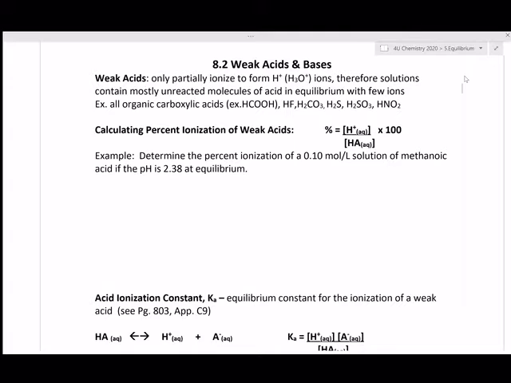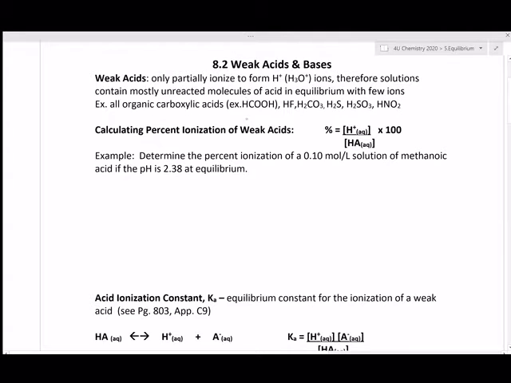Weak acids and bases only partially ionize, and therefore the pH is not nearly as strong of an acid or as strong of a base when we're done, because we don't have as many hydrogen ions or hydroxide ions. Some common weak acids that you should be familiar with are, from our organic unit, all carboxylic acids.